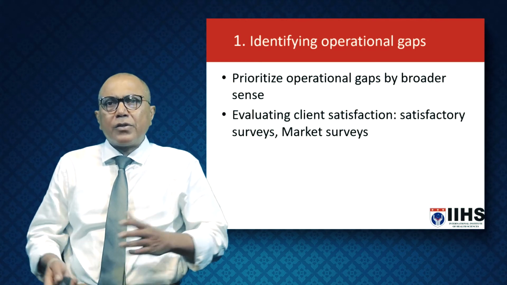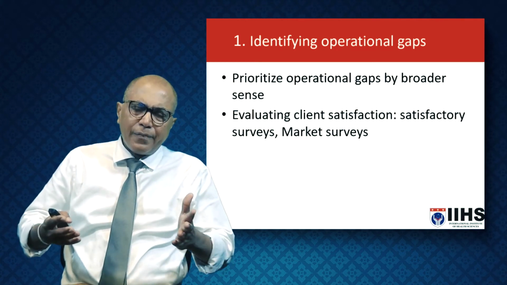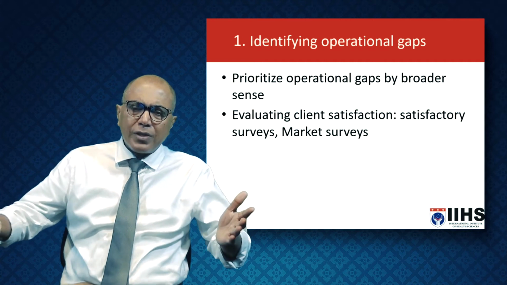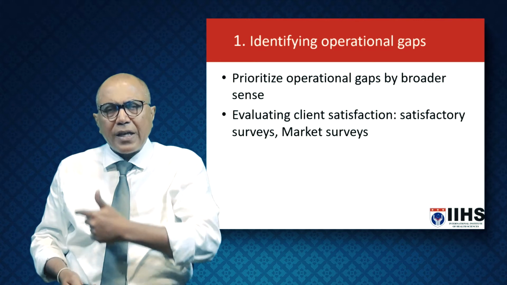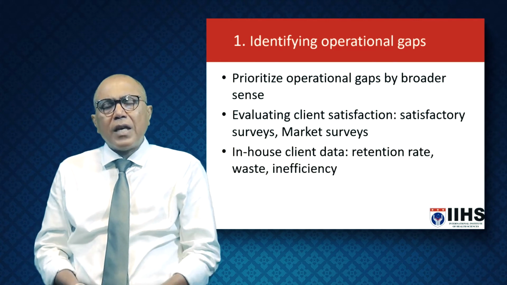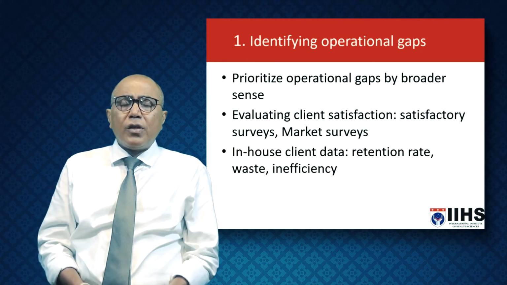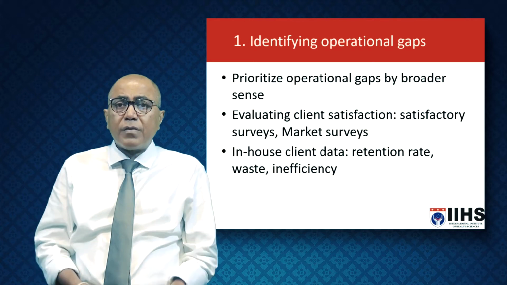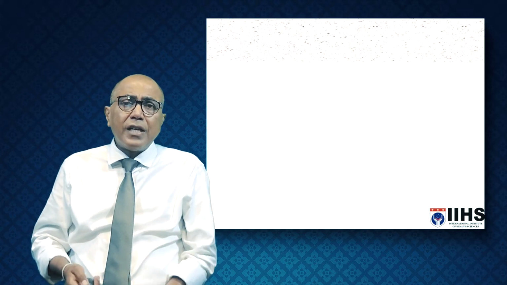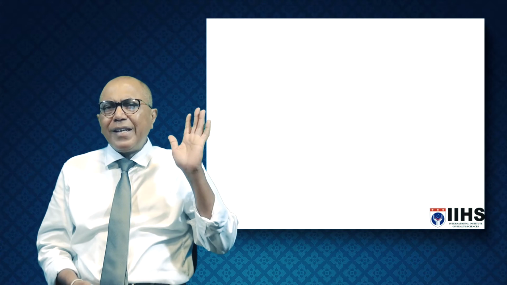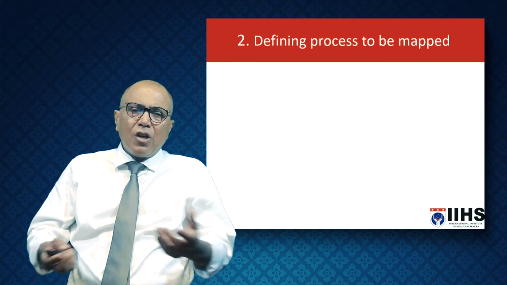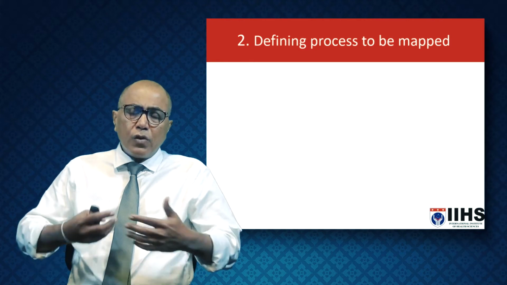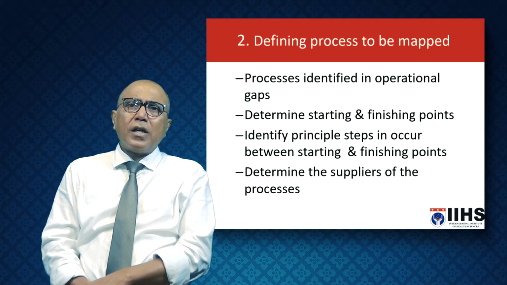Before you get into studying the process, look at the market analysis, customer care services and market service, in-house data, the retention rates of the staff, the waste, and inefficiencies. You have an idea before you go into this, because you can have basic chats or look at the reports before you try to assess the process.